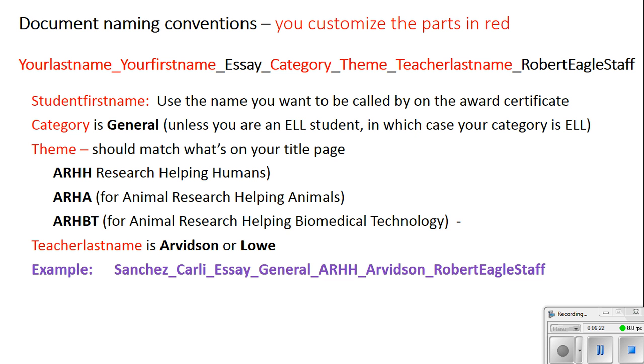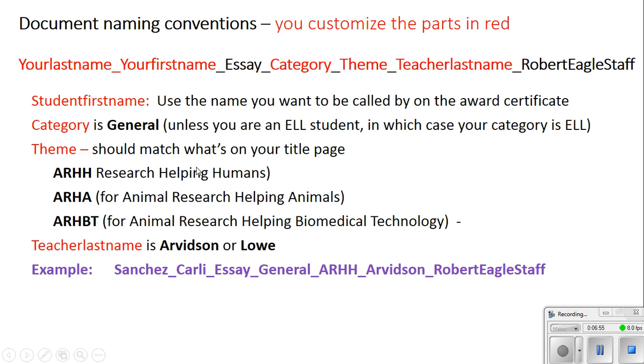You're all entering as an essay. The category, you would write the word general there, unless you're an ELL student, in which case instead of category you'd write ELL. Instead of the word theme, you're going to write the initials of your theme, either ARHH if you're doing animal research helping humans, or ARHA if you're doing animal research helping animals, or ARHBT if you're doing animal research helping biomedical technology.